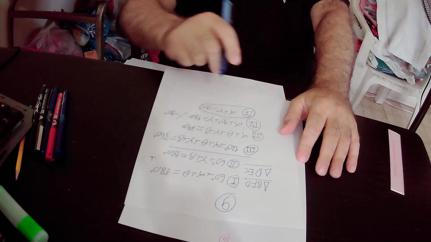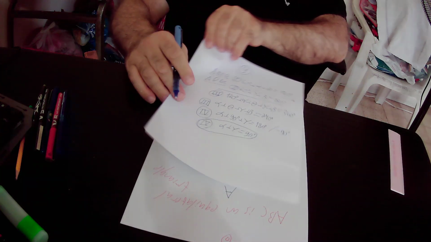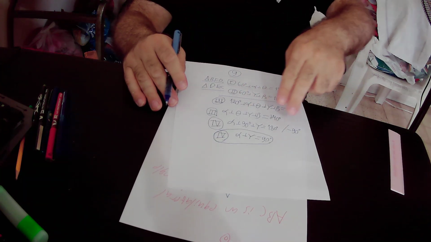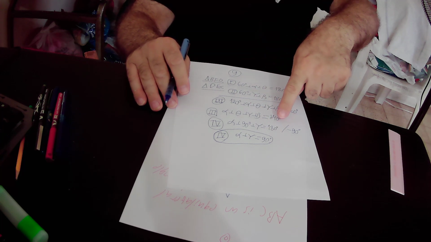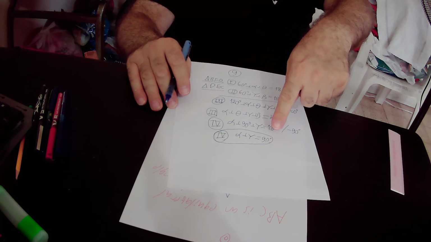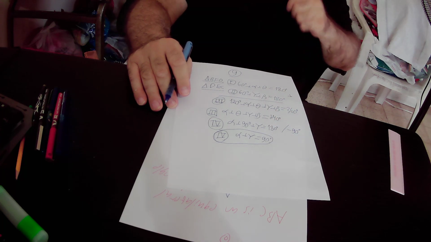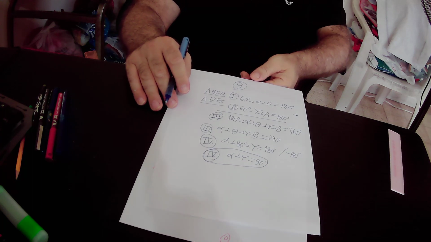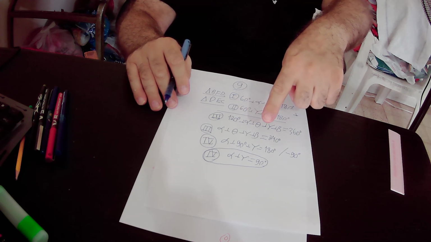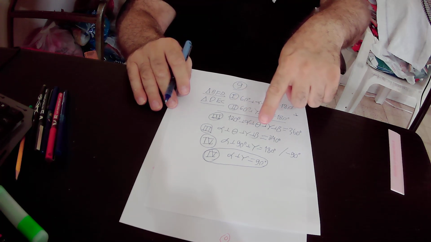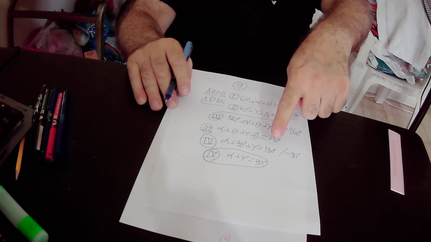Okay, we subtracted 90 degrees from equation number 4, and we got that alpha plus gamma equals 90 degrees because 180 degrees minus 90 degrees is 90 degrees. So we have on the fourth equation alpha plus gamma equals 90 degrees.